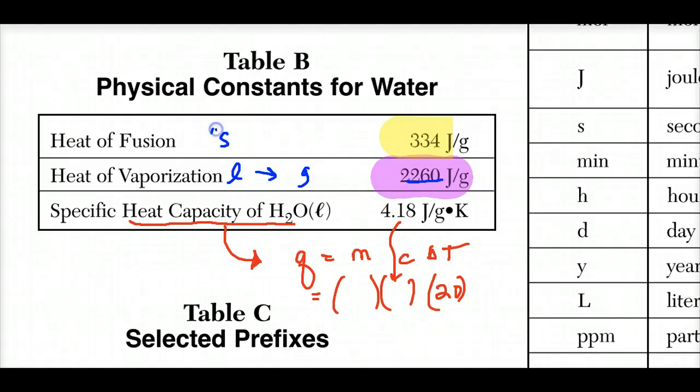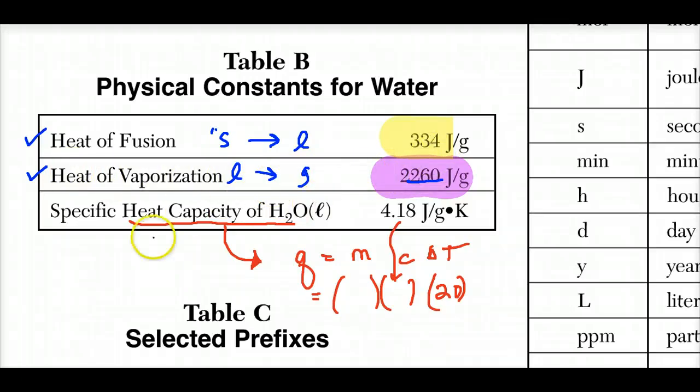Solids have very little motion, liquids have more motion, but nowhere near the potential energy change occurs for a liquid going to a gas compared to a solid going to a liquid. So there's a tremendous potential energy change here, and a lot of energy needs to be absorbed.